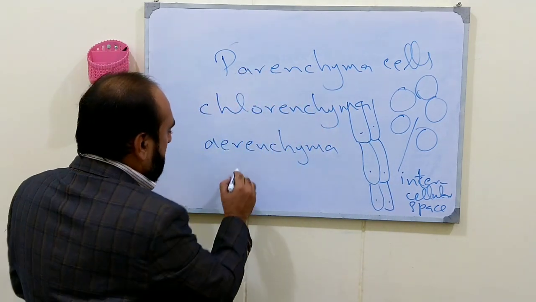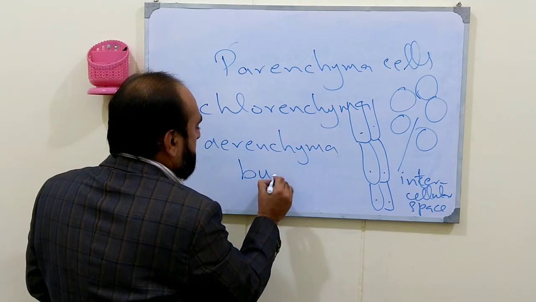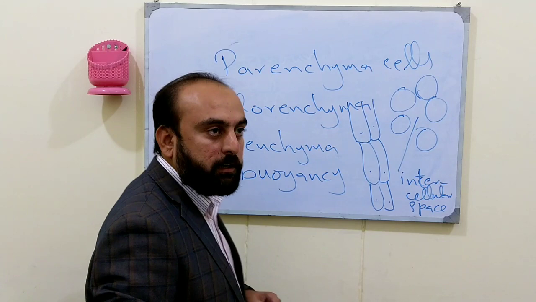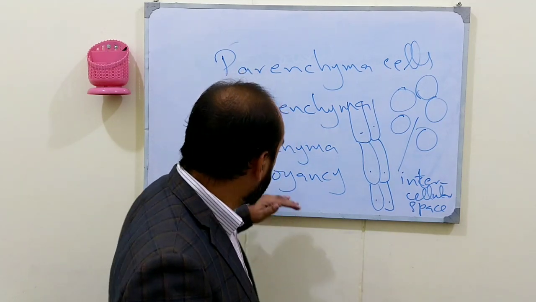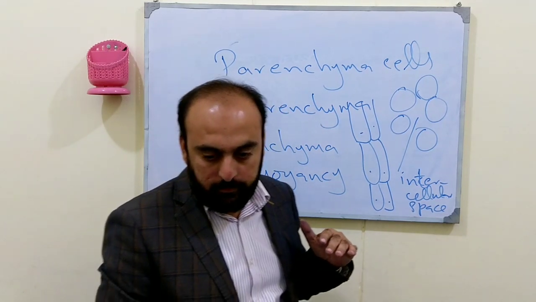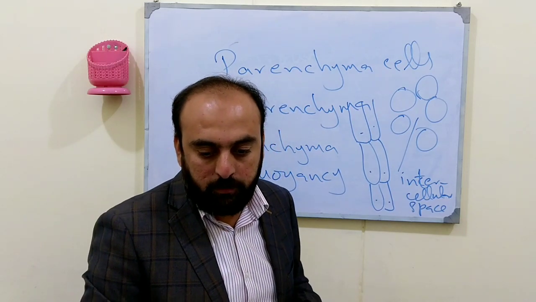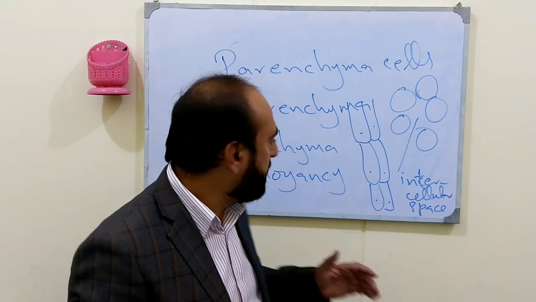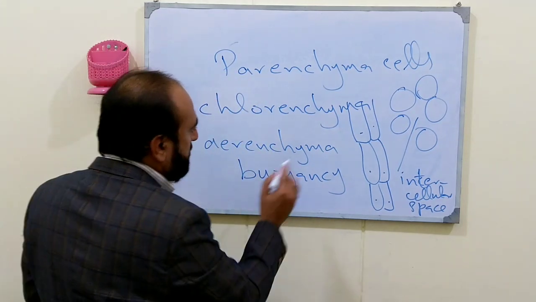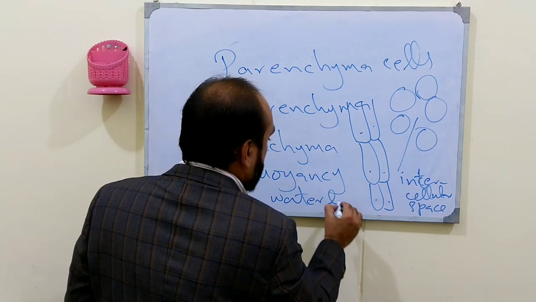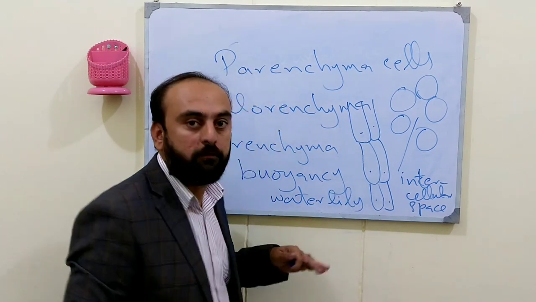And this also gives buoyancy to certain plants. Buoyancy is the property of floating on the surface of a liquid or in a fluid. So these cells also give this property to certain plants like water lily.